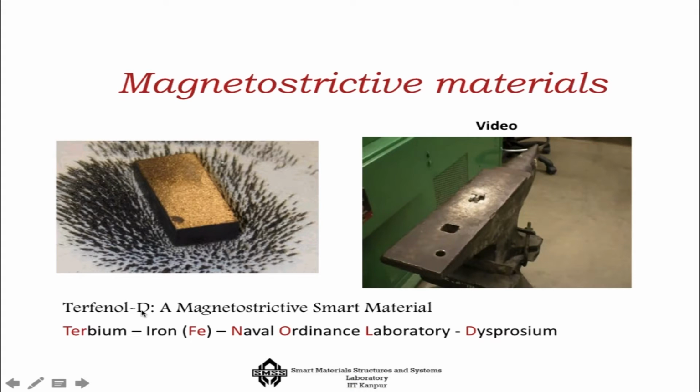And of course there is a D which stands for dysprosium. So essentially it is a kind of an alloy of terbium, iron and dysprosium. Now what this alloy imparts is a very high energy density.